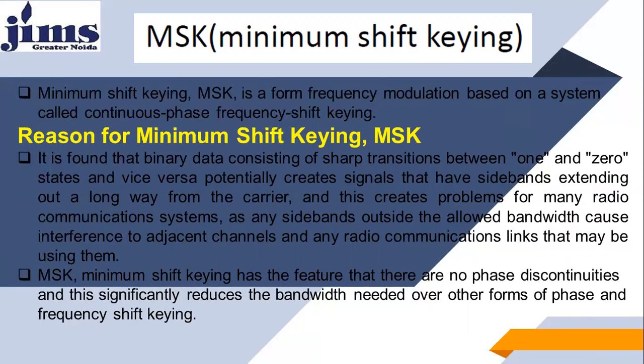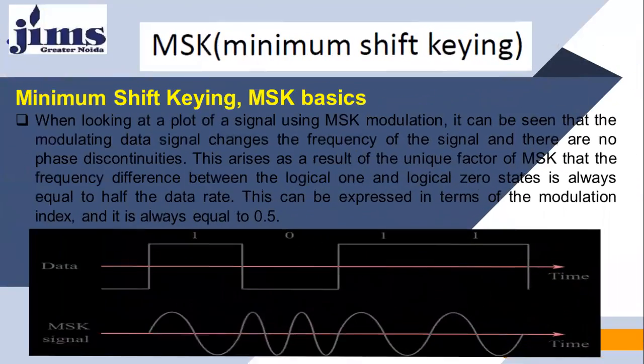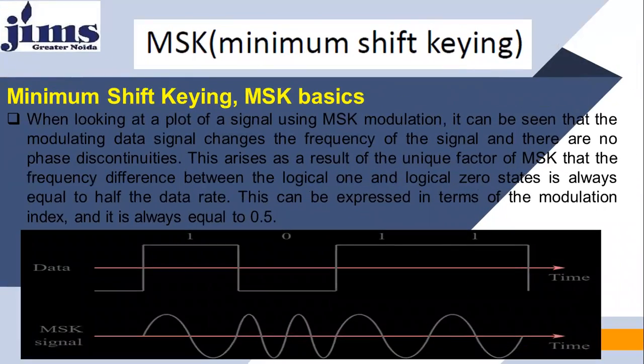MSK, minimum shift keying, has the feature that there are no phase discontinuities. So the first condition is that there is no phase discontinuity, and this significantly reduces the bandwidth needed over other forms of phase and frequency shift keying.